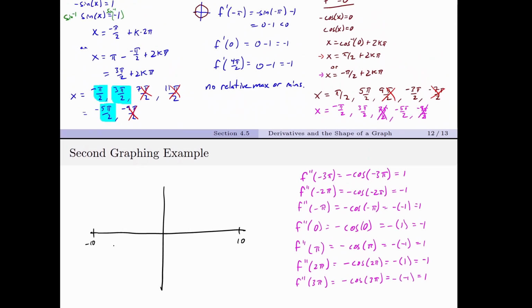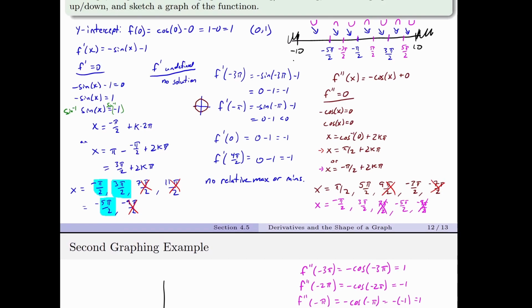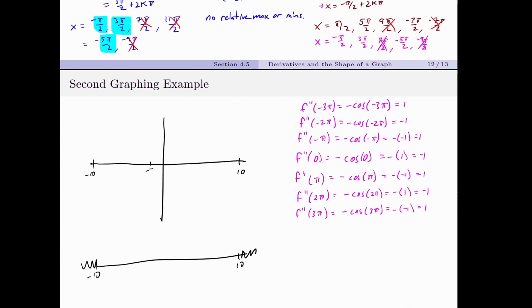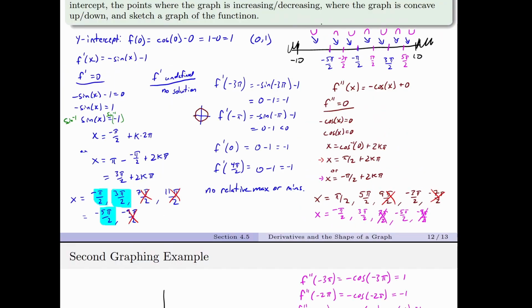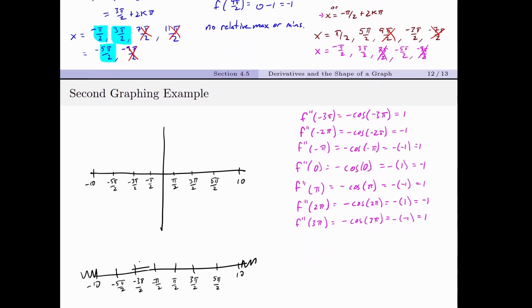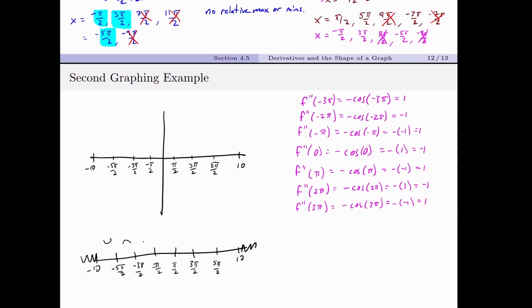And then we want to go negative 5, negative 3, negative 1, 1, 3, 5 pi over 2's. Let's fill this all in. It alternated with the concavity, and it's always decreasing. So concave up, concave down, always decreasing.